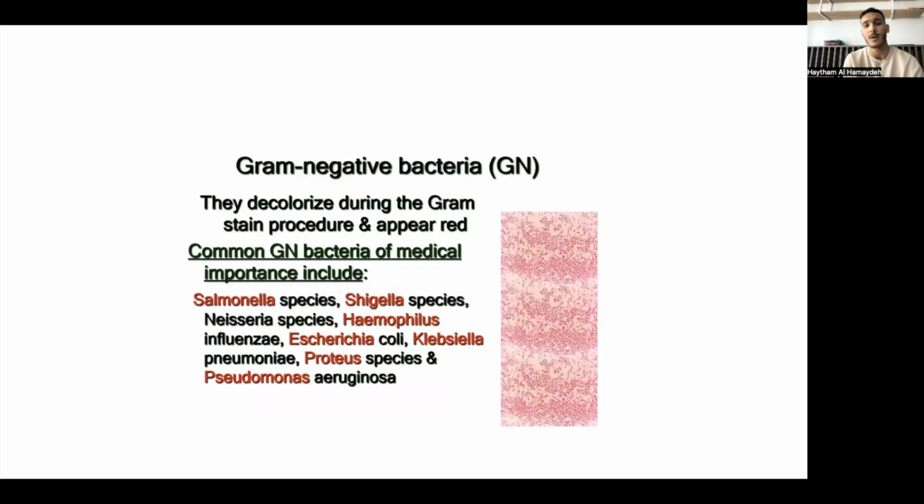And then the gram-negative bacteria, on the other hand, decolorize during the gram staining procedure and appear red. So what happens is we do the procedure, and I'll show you guys in a bit what she said about the experiment that we're going to take, how to figure out what bacteria is gram-negative and what bacteria is gram-positive. You carry out this colorization or dyeing process. And so gram-negative bacteria cannot retain that violet color because of the thin peptidoglycan layer.